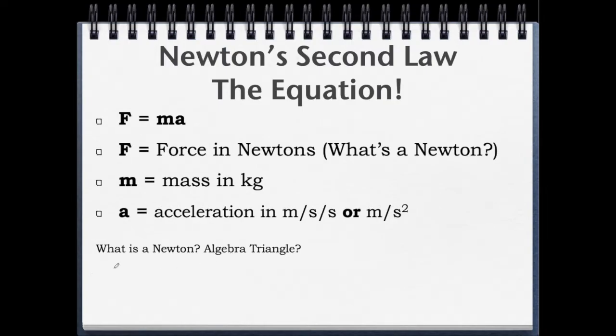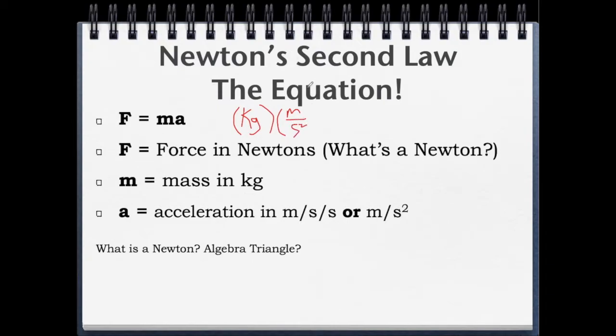So the question at the bottom says, what is a newton? If you remember, mass is measured in kilograms, so I'm just going to say mass is measured in kg. When we multiply mass times acceleration, you also multiply the units. Mass is kilograms, and acceleration is measured in meters per second squared.